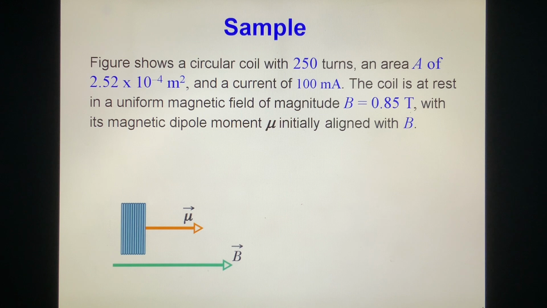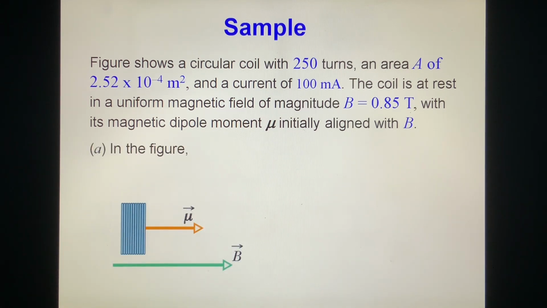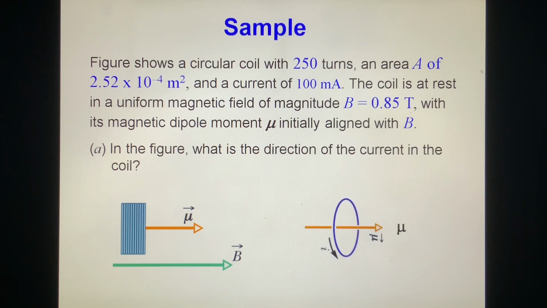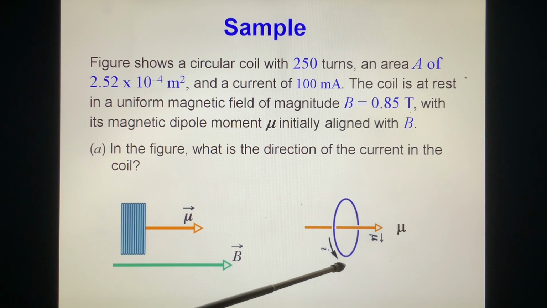The coil is at rest in a uniform magnetic field of magnitude B equals 0.85 Tesla, with its magnetic dipole moment mu initially aligned with B. Question A. In the figure, what is the direction of the current in the coil? Now, because mu is here, the current direction must be this one by the right hand rule, right?